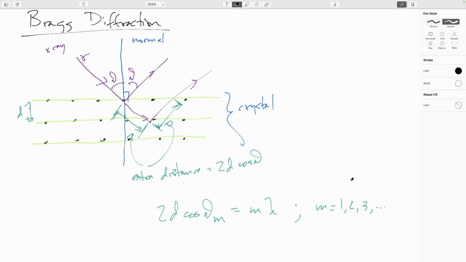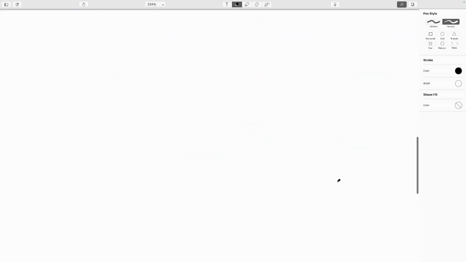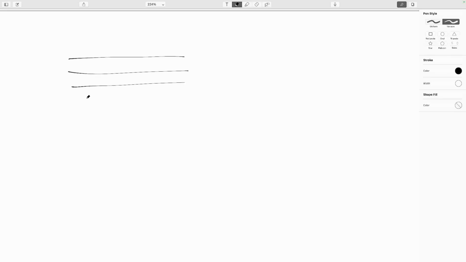So just to give a bit of an example of this, let's say that we have some sort of crystal, and I'm not going to redraw all the molecules. I'm just going to say the Bragg planes are separated by 0.11 nanometers, which is a typical kind of size for an atom.